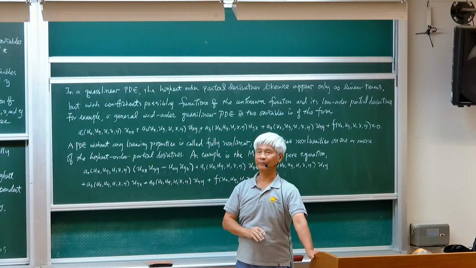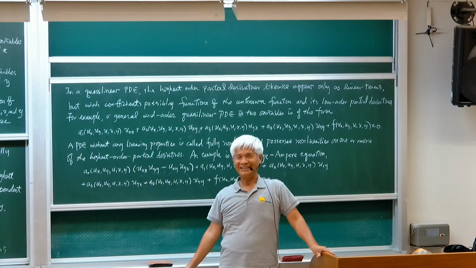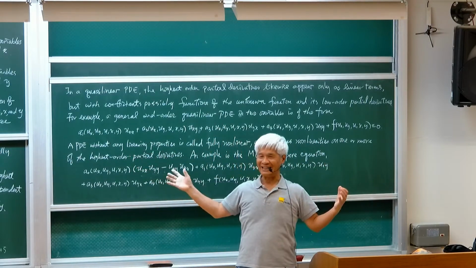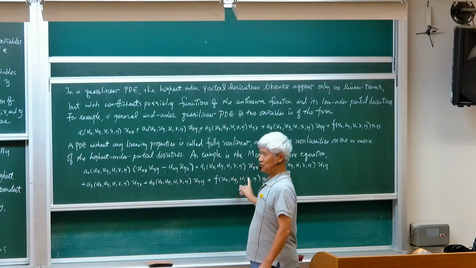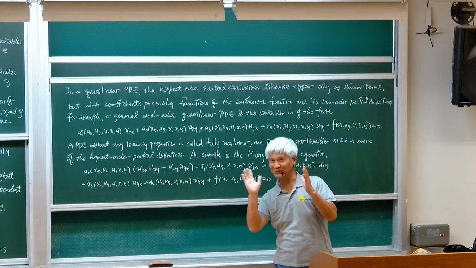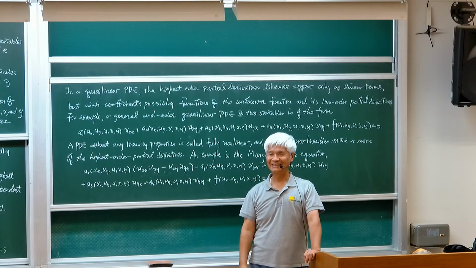Yeah. So fully nonlinear is the rest. Okay. It's still a very big class. You know that they are very big classes, and the Monge-Ampere equation is just one of the fully nonlinear equations only. Yeah.